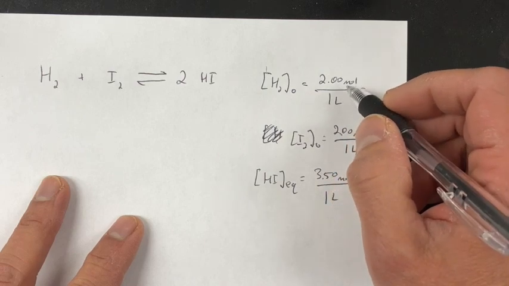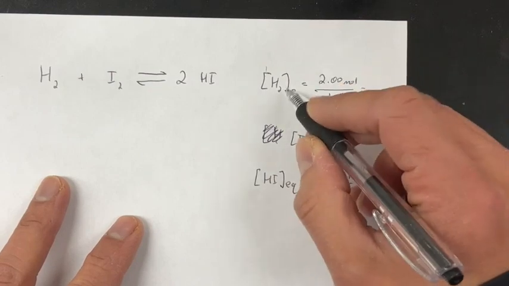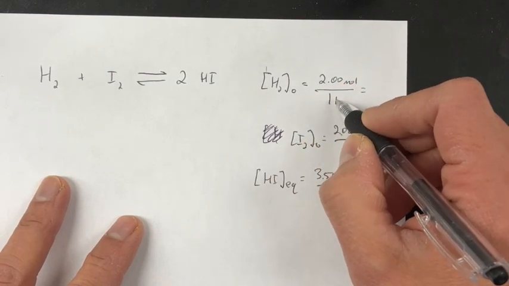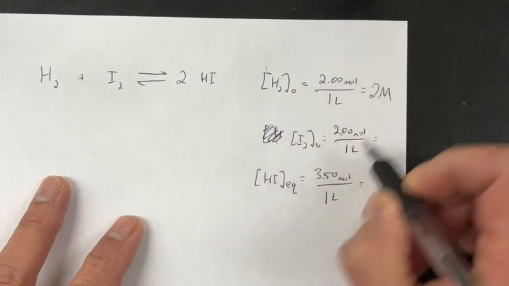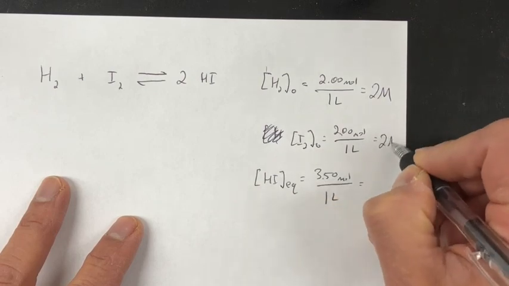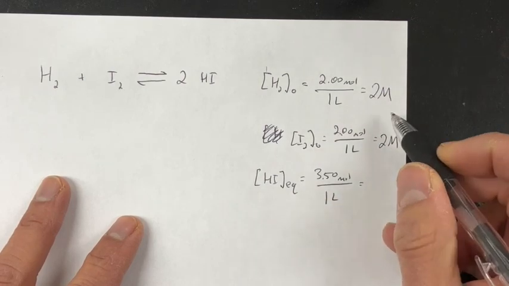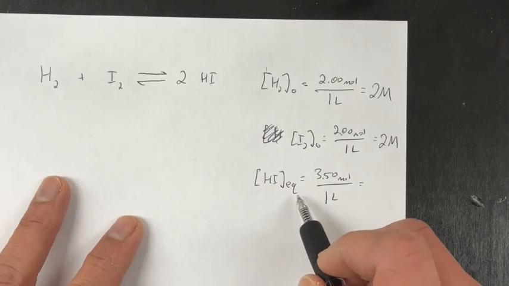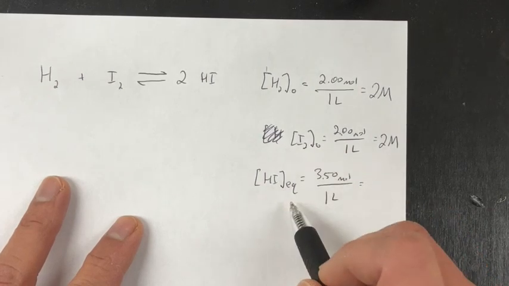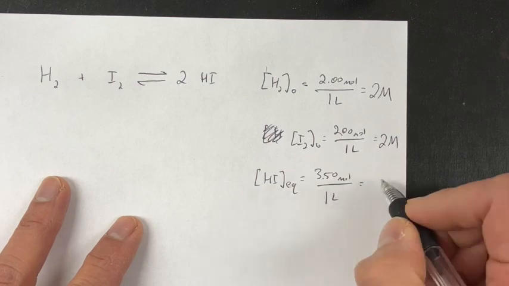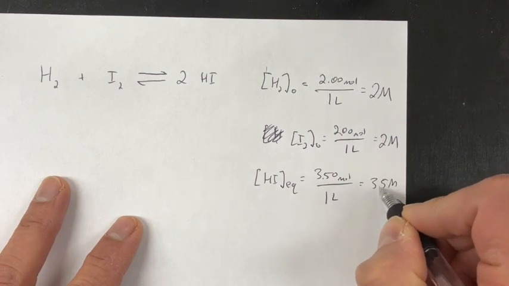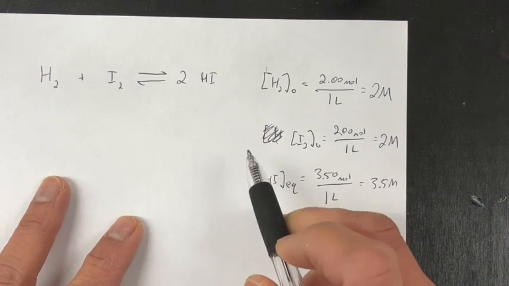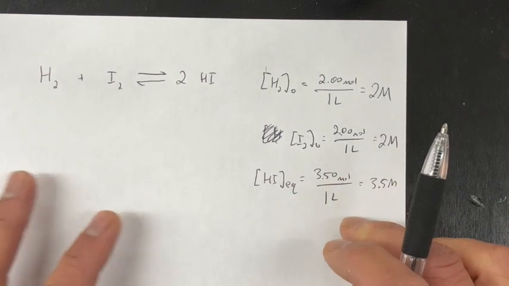It could be a bigger or smaller container. So if I have 2 moles of H2 in 1 liter, well, that's 2 molar. Same with I2, also 2 molar, because they're the same. And this value here is not the initial, it's at equilibrium. So this is 3.5 molar, and we'll see where that fits into this equation here.